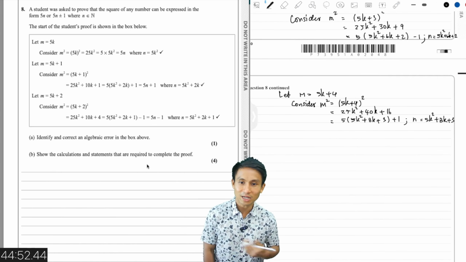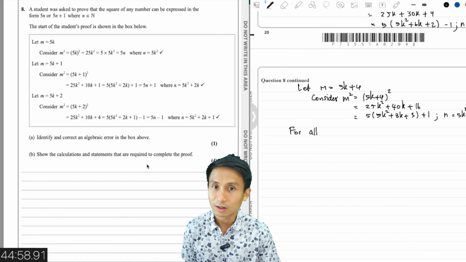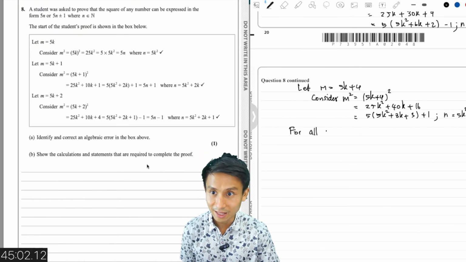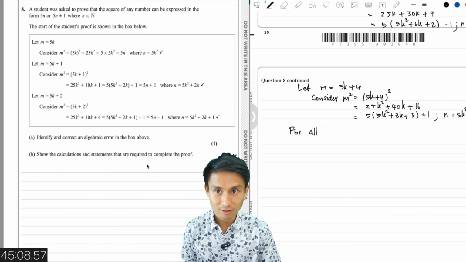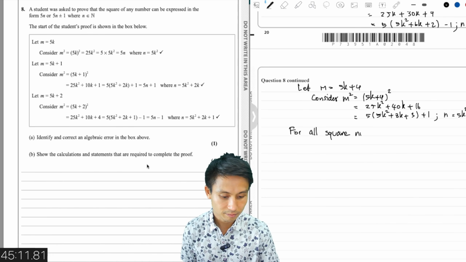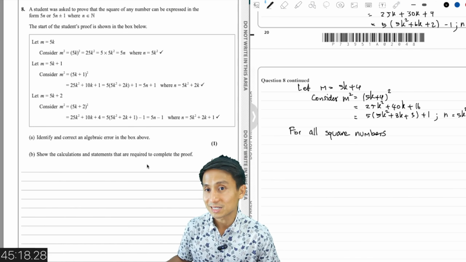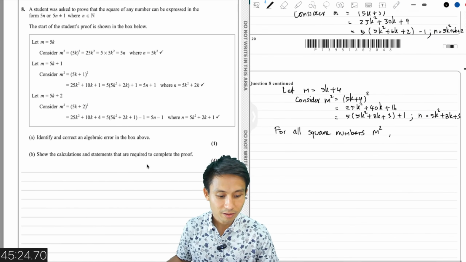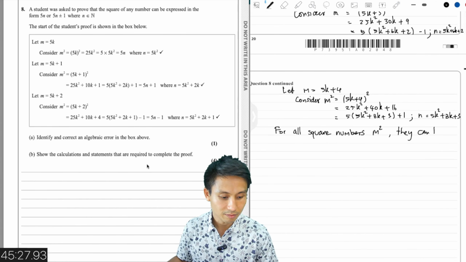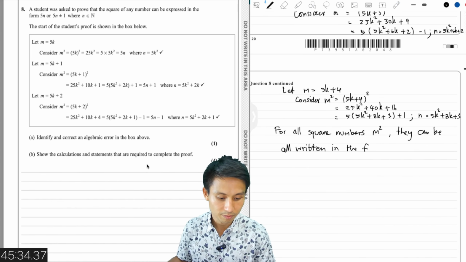Okay, and the statements, right? For all square numbers m squared, they can all be written in the form 5n or 5n plus or minus 1.